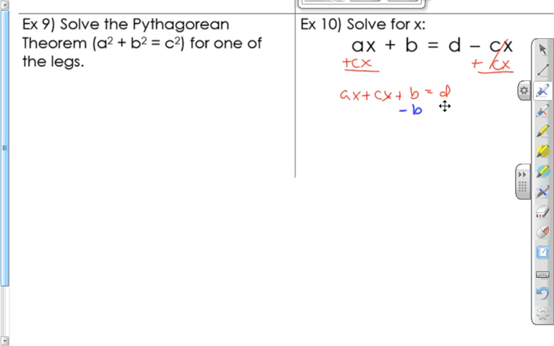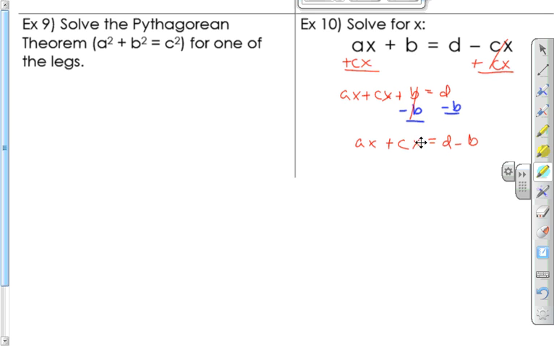We'll continue by subtracting b from both sides, leaving us with ax plus cx equals d minus b. Now the next step of this problem is probably not one that most of us think of. We're going to use the distributive property. You might be saying, well, there's no parentheses. Why would we use the distributive property?